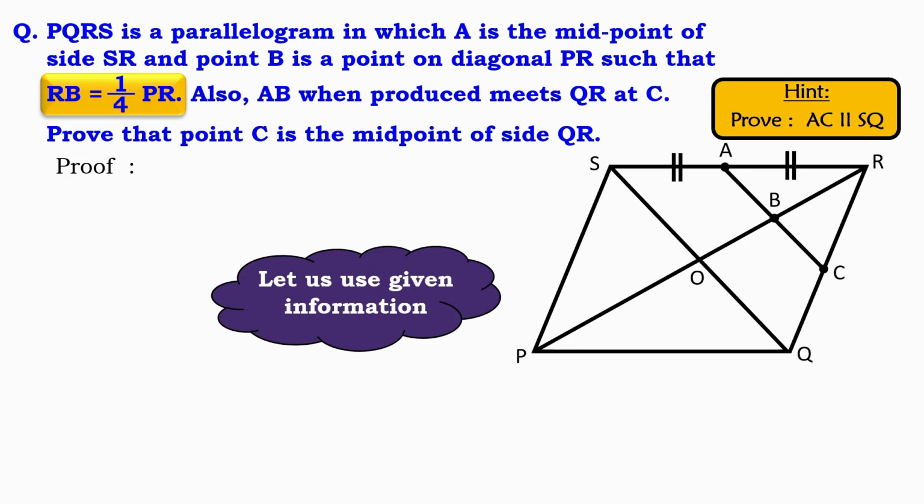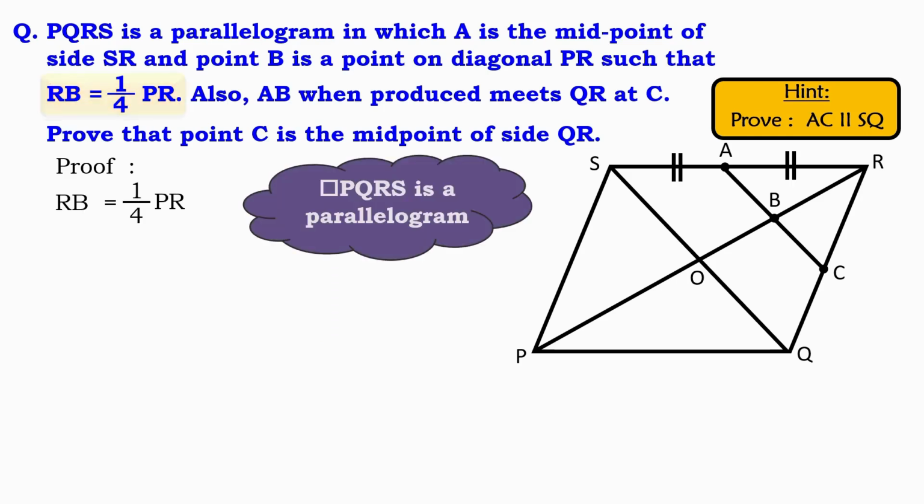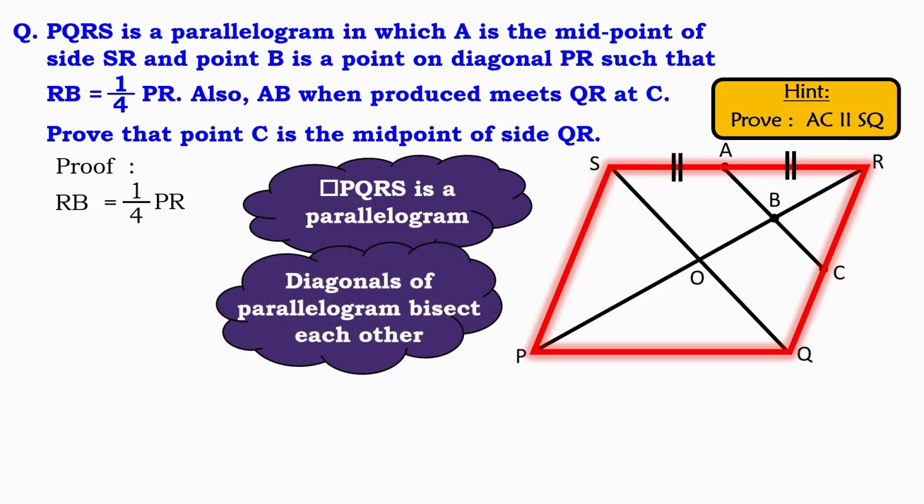So let us use the given information. What is given over here? That RB is equal to 1 by 4th of PR. Now PQRS is a parallelogram, that is given. So by using the parallelogram properties, we know that the diagonals bisect each other.